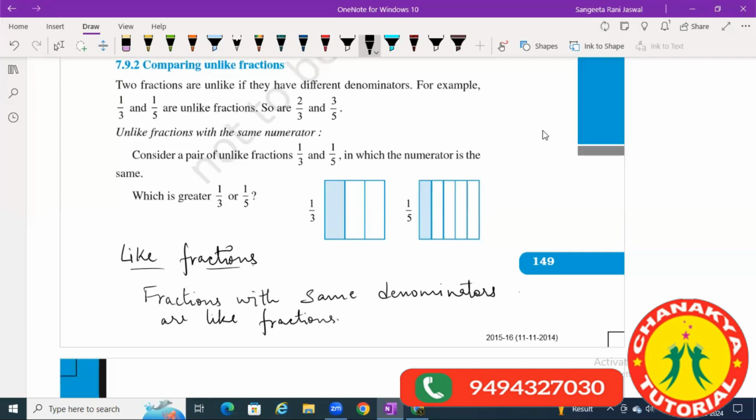So fractions with same denominators are like fractions. For example, you can write some examples, like 2 by 11, 3 by 11, 4 by 11. They all have their denominators same, right? And they are called like fractions because they all have their denominators 11.